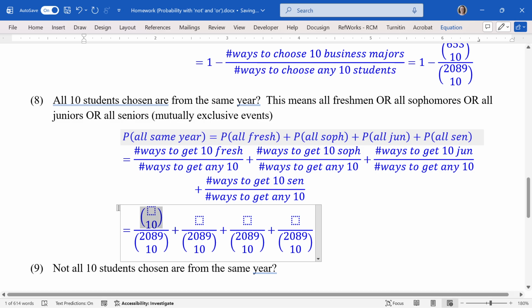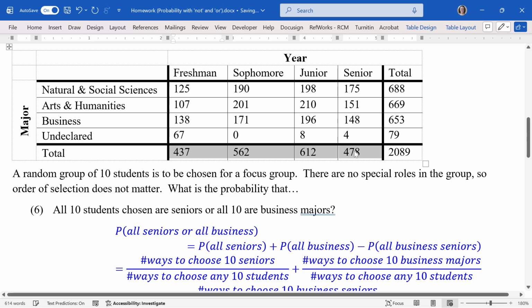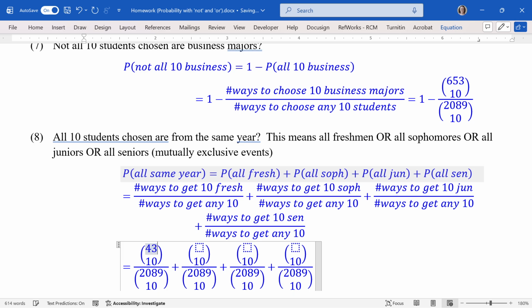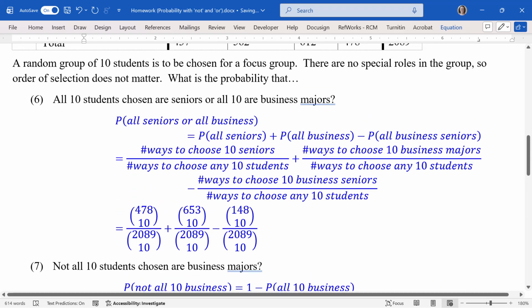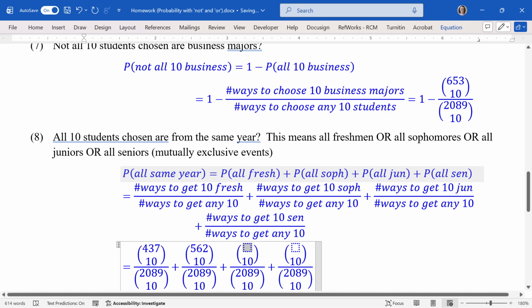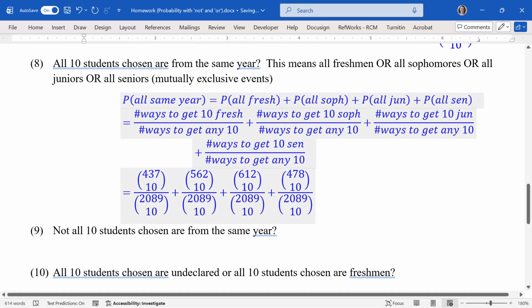So first we'll choose from the freshmen, and then the sophomores, and then the juniors, and then the seniors. So we're going to use these 4 numbers here, 437, and then 562, and then 612, and 478. All right, and whatever that adds up to, that is the answer.